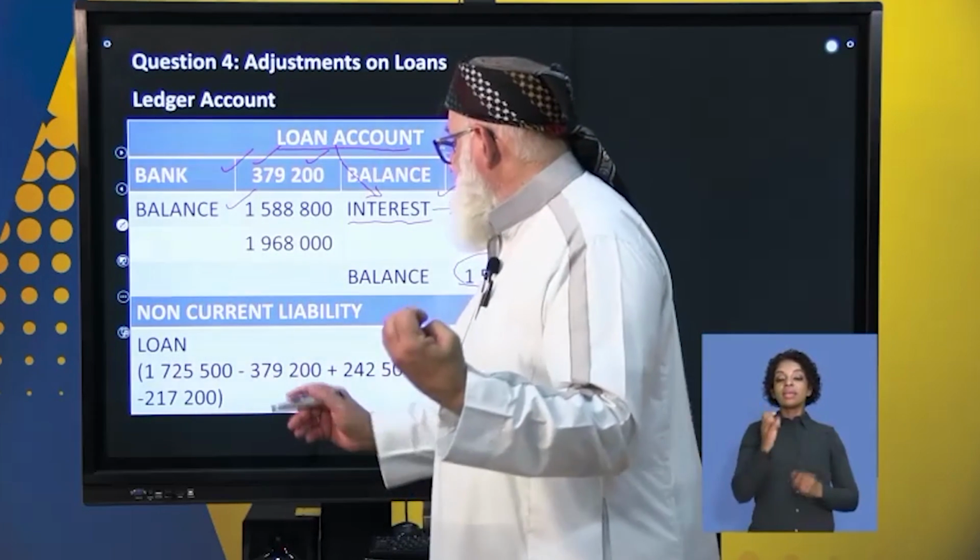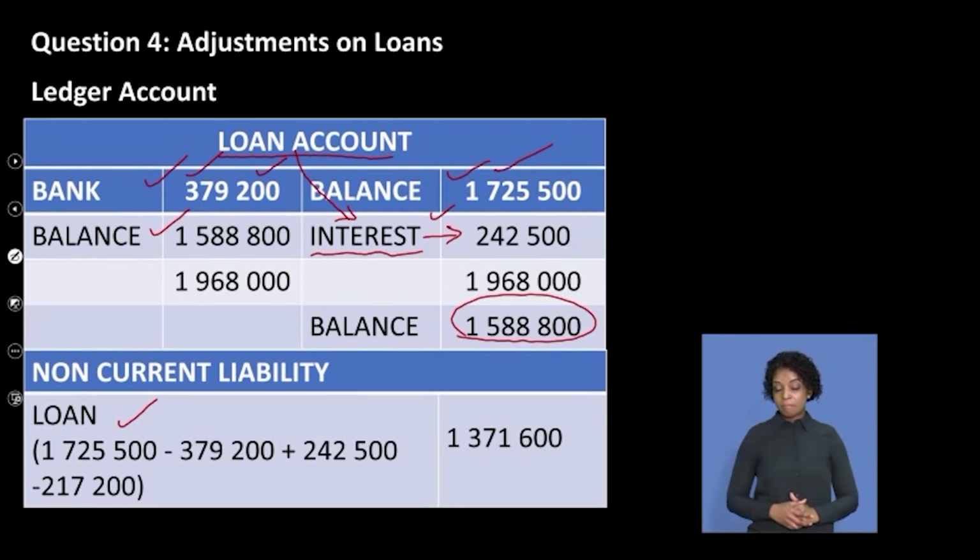And here goes, guys. There's your 1,725,500 minus your 379,200, as you can see, plus the 242,500, right? And then take your 379,200 minus the interest component that you will be paying next year. Let's do that.